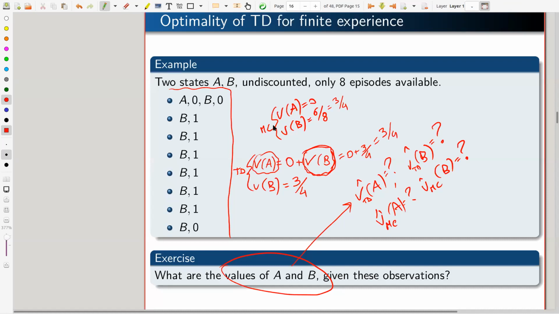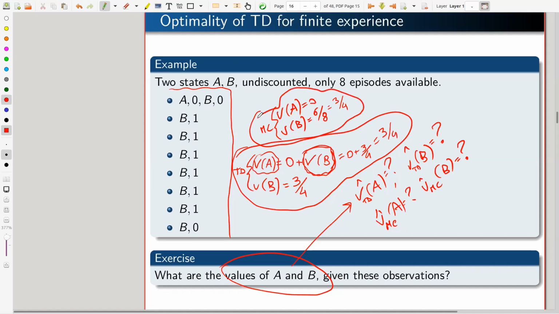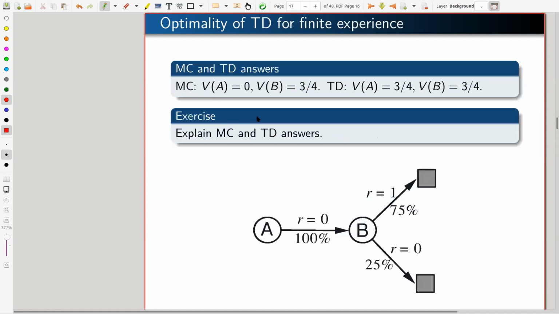At least you should have the intuition about this. But I told you in the beginning that I would try to convince you that this answer is better than this. And this is why.